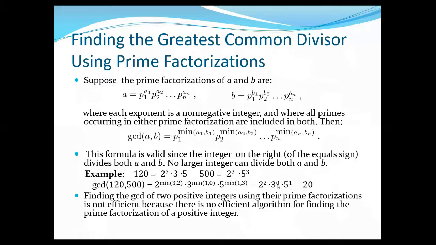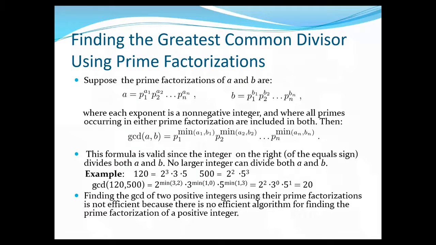And then for 5, the exponent here is 1 and here is 3. Between 1 and 3, the smallest is 1. So these are the minimum exponents of the prime factors of the two given: 2 squared, 3 to the 0, and 5 raised to 1.